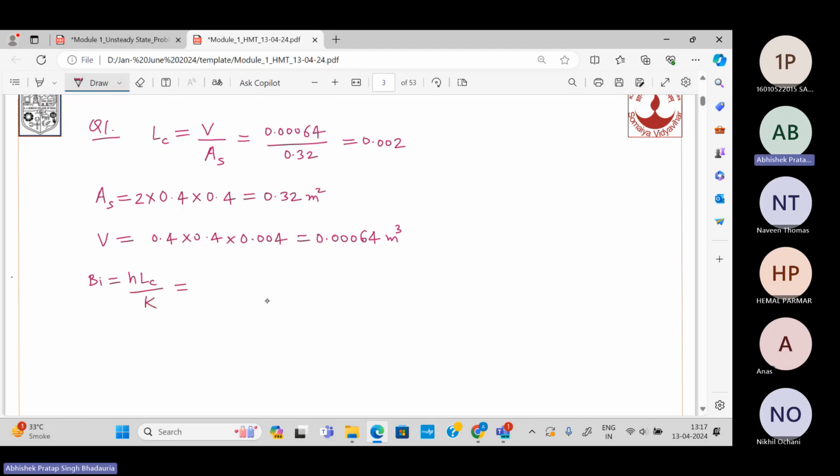The value of the convective heat transfer coefficient is given as 20,000 in the problem, and the Lc value, that is the characteristic length, we have already calculated. It is 0.002, divided by thermal conductivity. So what about thermal conductivity?